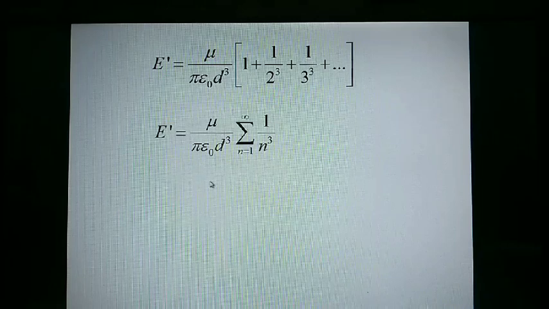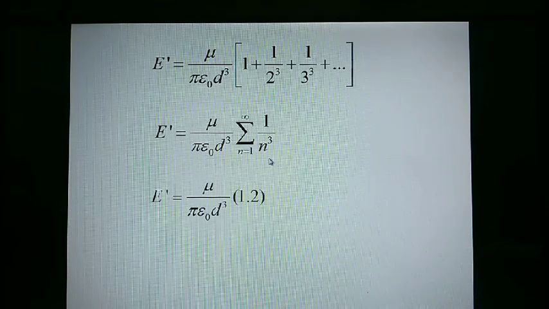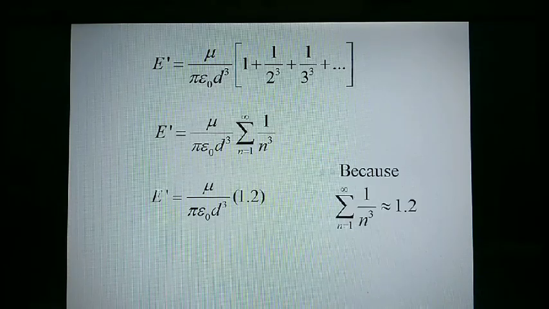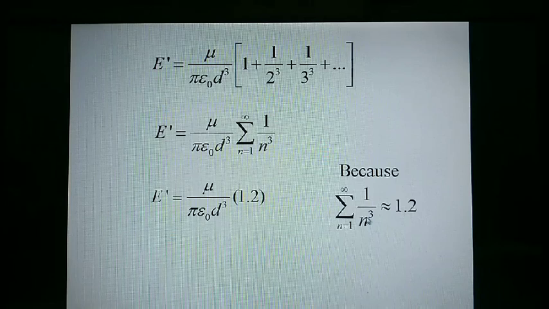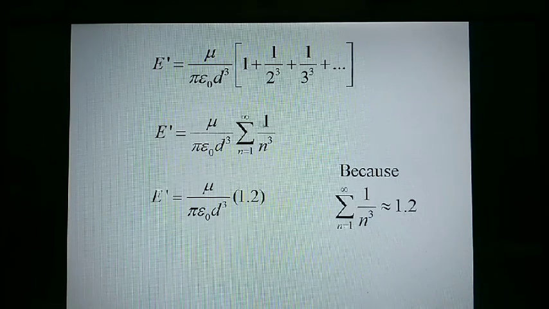That's why it can be expressed as mu by pi epsilon naught d cube times the summation from n equals 1 to infinity of 1 by n cube. From the infinite series we get one piece of information, that the summation of 1 by n cube, where n is a positive integer, is close to 1.2. That is substituted here.